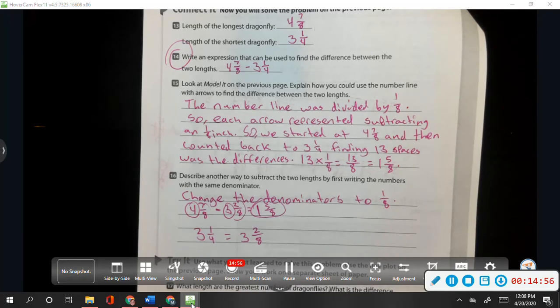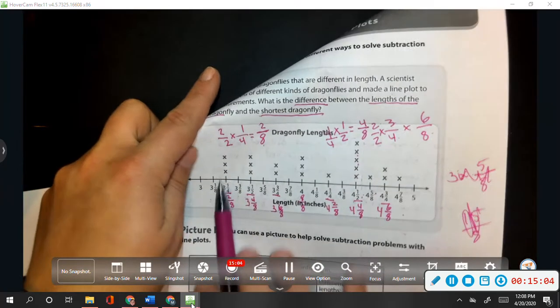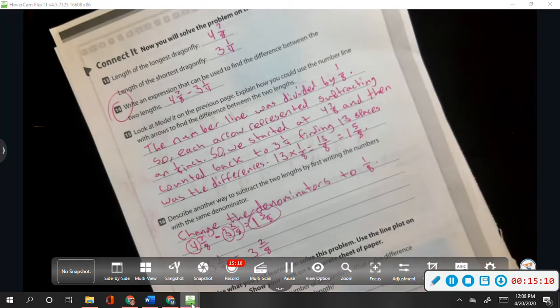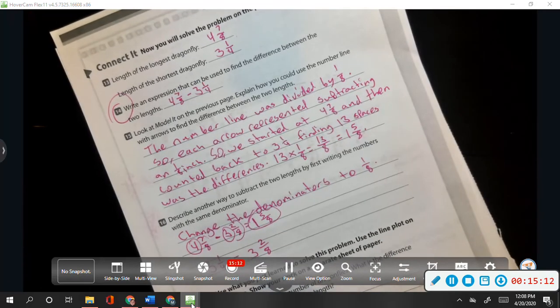What is the difference between this length and the shortest length? Well, the smallest dragonflies were 3 1/4 or 3 2/8. So we want to find the difference, so we're going to take 4 1/2 and subtract 3 1/4.